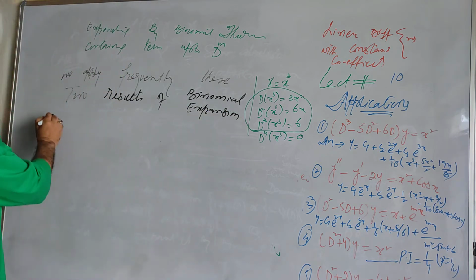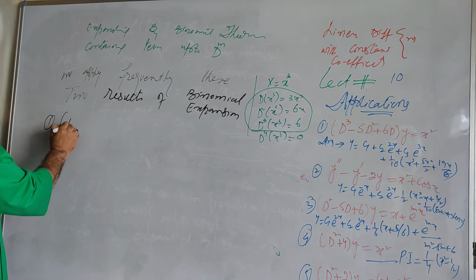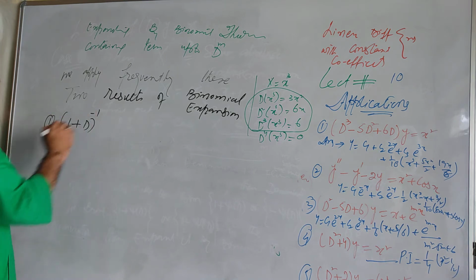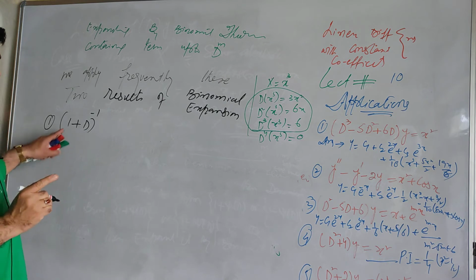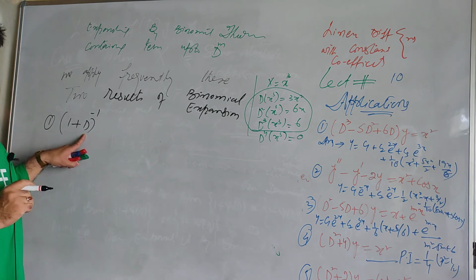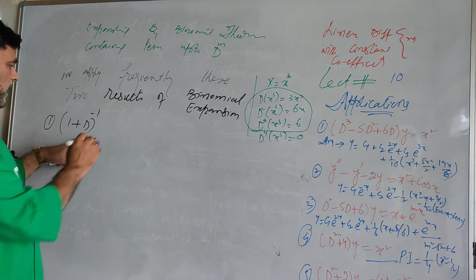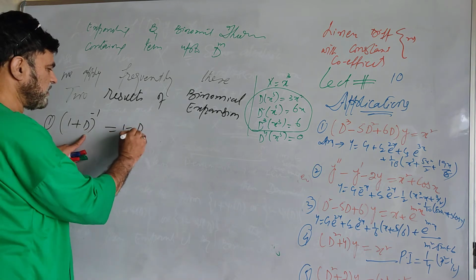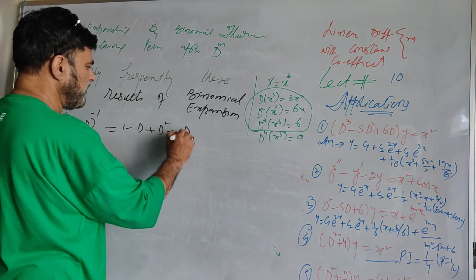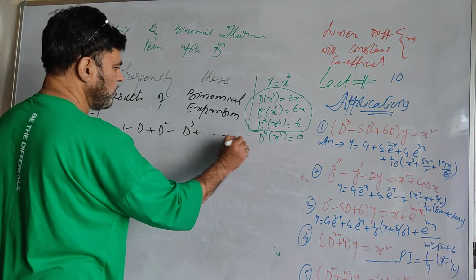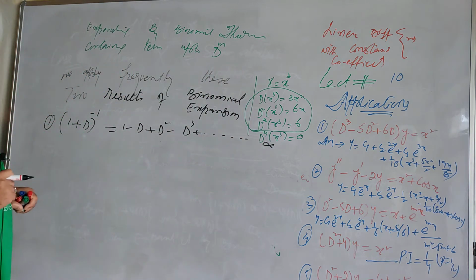Well, one is (1 plus D) raised to power minus 1. That means if it is 1 plus psi of D, a function of D, it is equal to 1 minus D plus D square minus D cube plus and so on to infinity. We will use this.